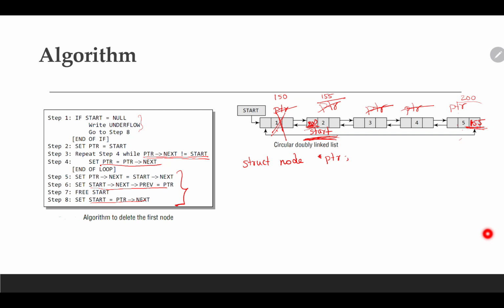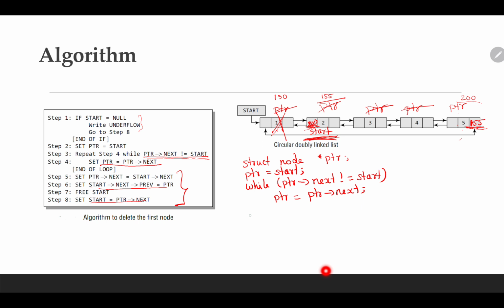Then we assign ptr is equal to start. Then we check the condition while ptr->next is not equal to start. If this condition is true, it will execute the statement ptr is equal to ptr->next.